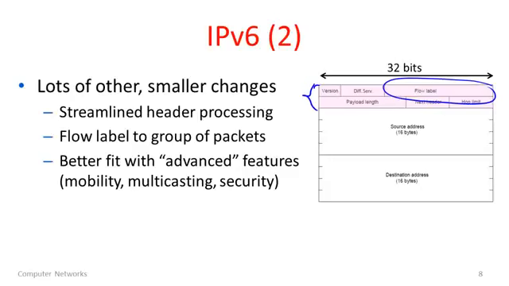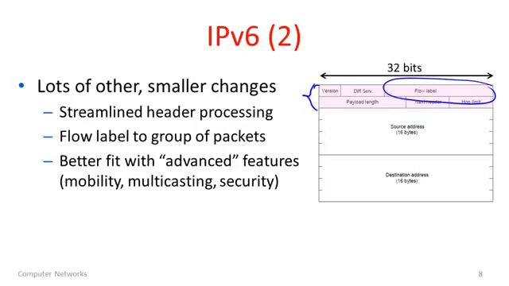This is almost a little like a virtual circuit, just without any of the setup. If we do this, then we almost have a basis for the network to treat all packets with the same flow label in the same way. It might route them the same way through the network, forward them the same way through the network, excuse me. Or it might try and do different things in terms of congestion or priority with them in the same way. This is mostly in the future, and this is to do with quality of service. We'll probably get to that later.